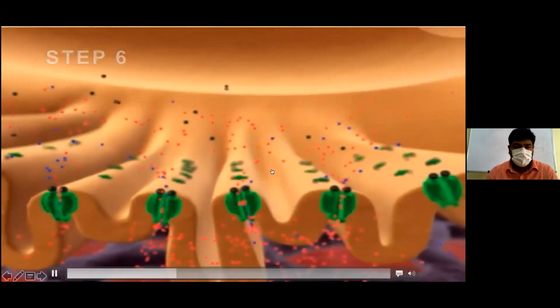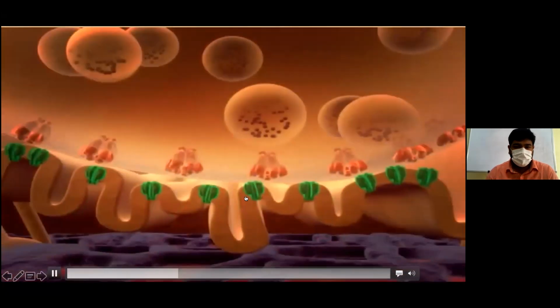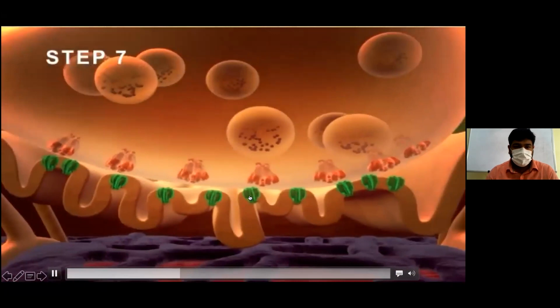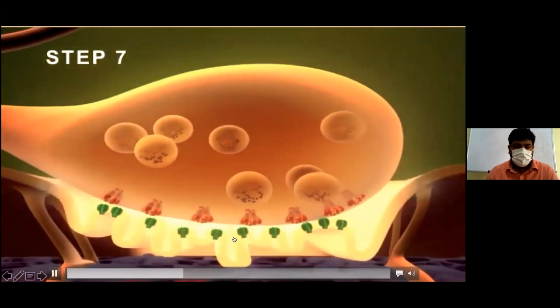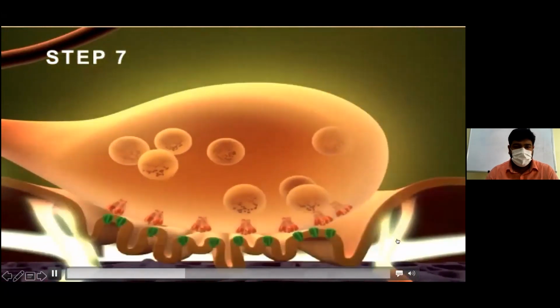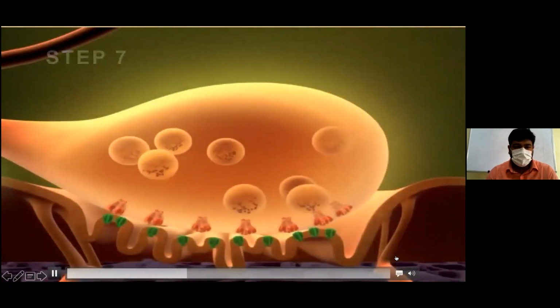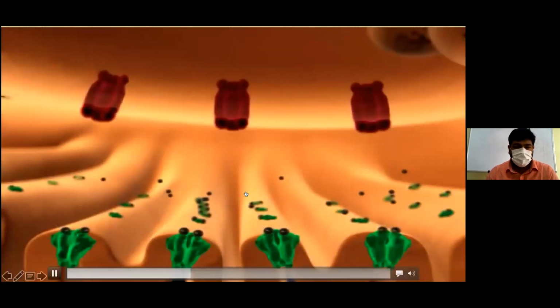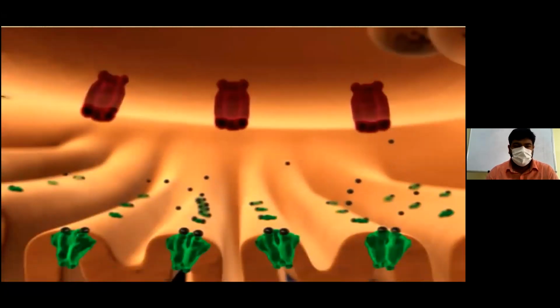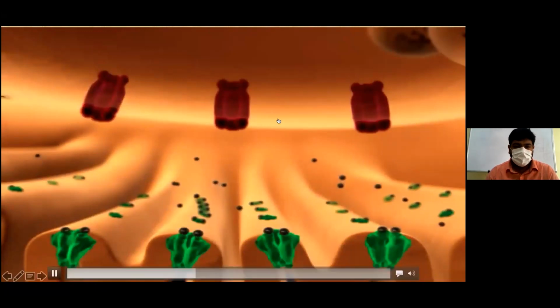In step 7, when the membrane potential reaches the threshold value, the action potential propagates along the muscle sarcolemma and causes muscle contraction. This transmission ceases when acetylcholine is removed from the synaptic space. Acetylcholine is removed from the synaptic space by 2 means.